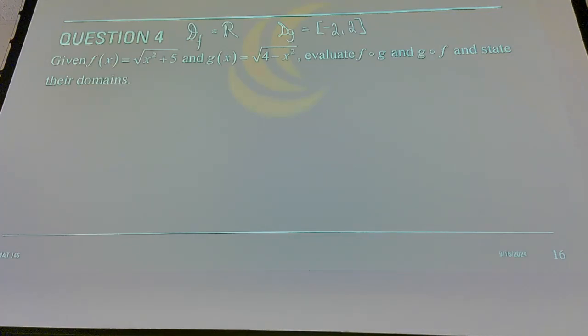f of g. Right, g of x is the square root of 4 minus x squared. Plug that into f. How would that simplify?